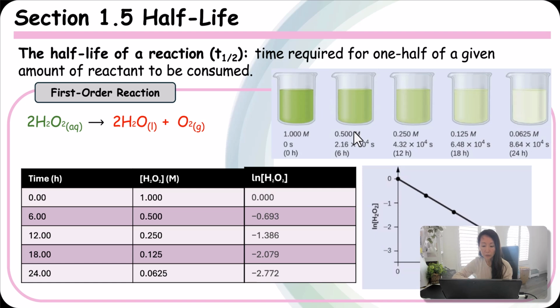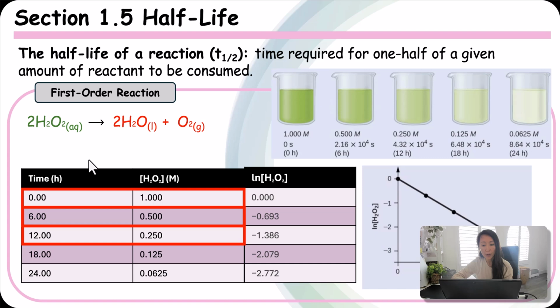So again, looking at this particular half-life, you see the comparison between the time and the initial concentration and when it reduced by half. And the second one was then reduced by half, and that took another 6 hours.